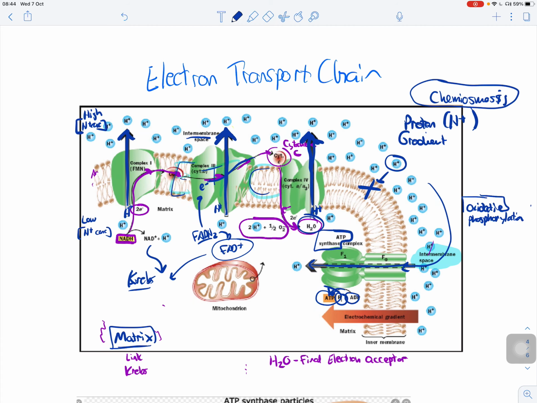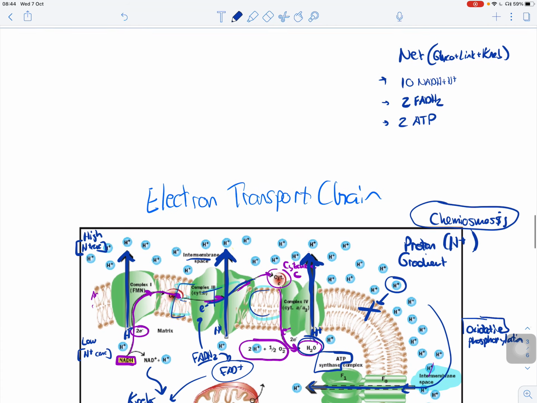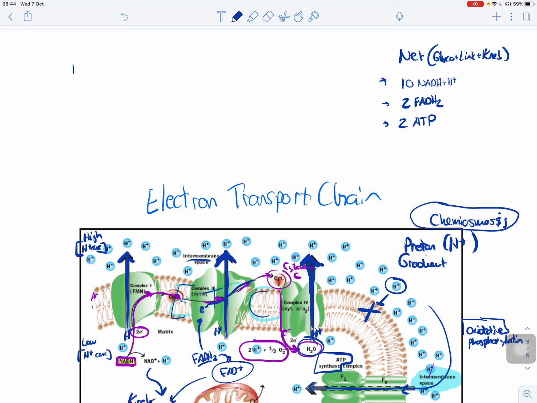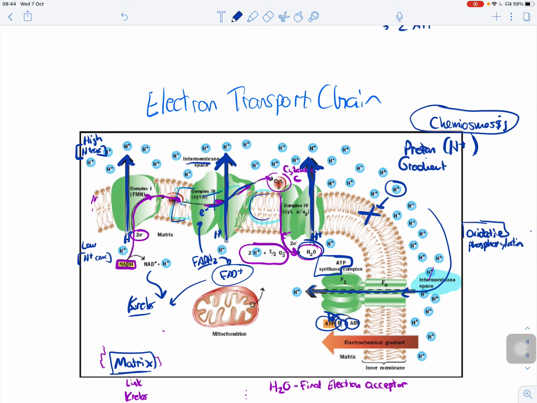All right, so let's do the addition here now. So for every one NADH molecule dropped off on the electron transport chain, 3 ATP molecules are produced. That's because each H plus ion goes through, and remember, NADH can move 1, 2, 3 hydrogen ions through because the electron travels on there.